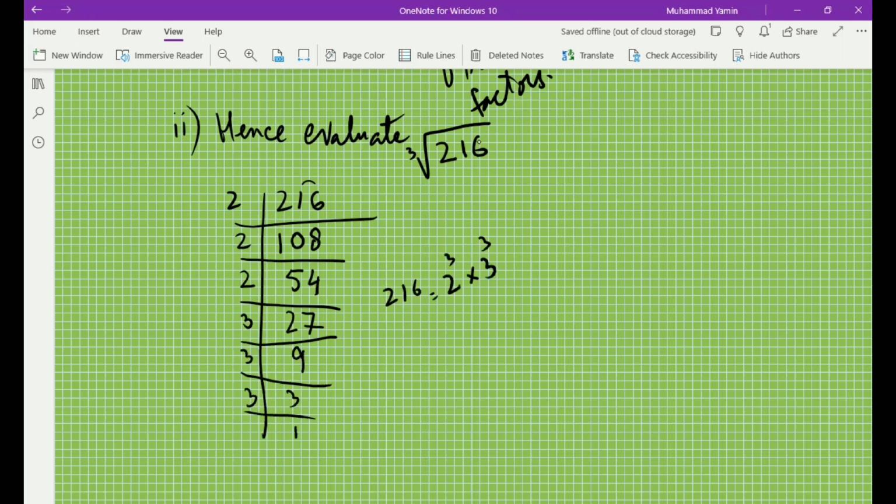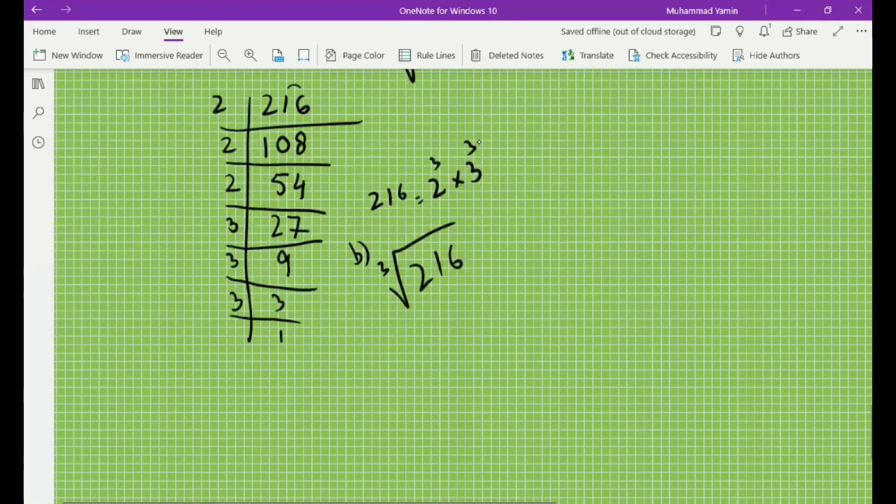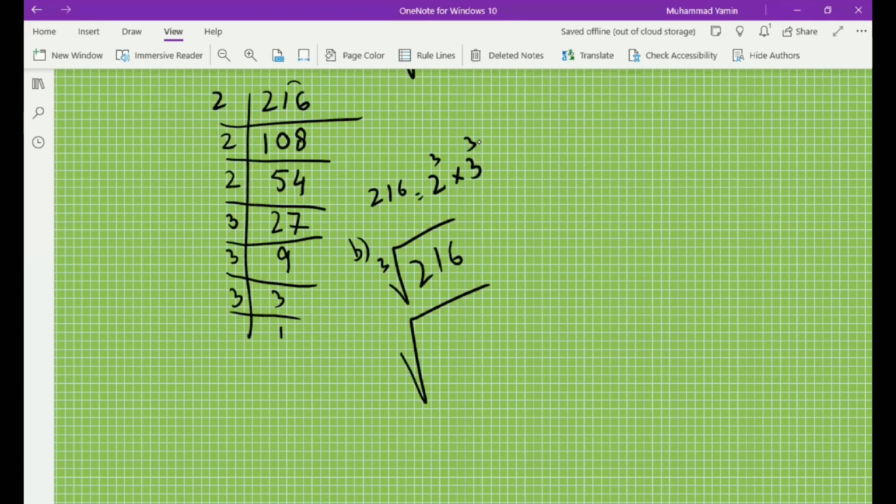Now we'll make use of this in the second part of the question. Cube root of 216. It will be done in this way. Cube root of, we'll take the help of the factorization, 2 cubed into 3 cubed. As I told, to get rid of the square root sign, we will divide each power by 2.